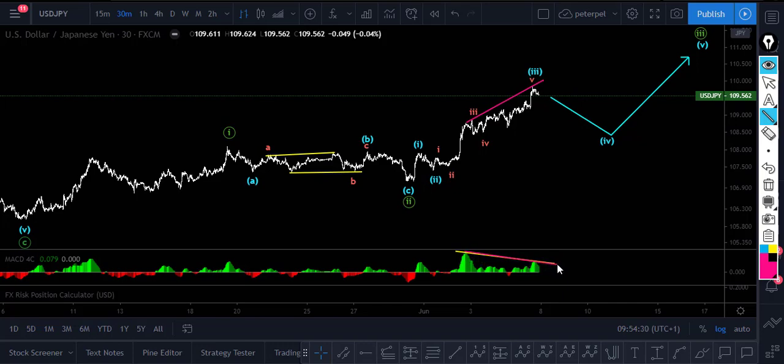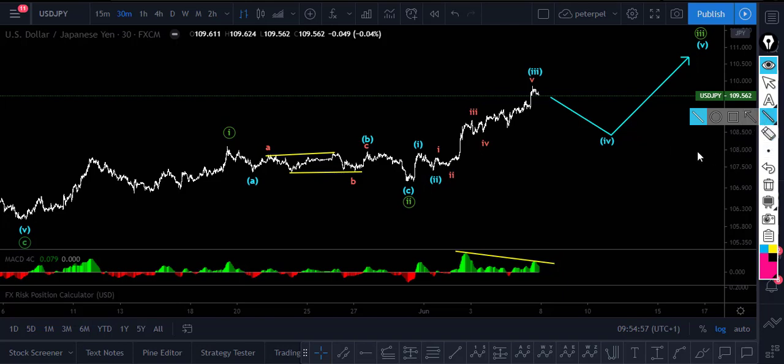So it's telling you that buying pressure is dying down and more sellers are coming in. So there is a potential pullback, and we are not using the MACD alone. The MACD is being mixed with our wave analysis, which is already anticipating blue wave 4, and the MACD is just there to complement and give us more confluence on what is likely to happen.